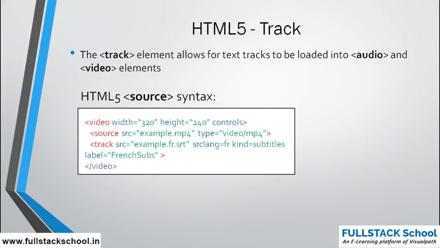Under that we give the source, which is example.mp4, then define the type, which is video mp4, then the track, then the source. Under the track tag we write the source example.fr.srt, then the source language, then the kind, which is subtitle, then the label, which is French subs, and then the video tag closure.